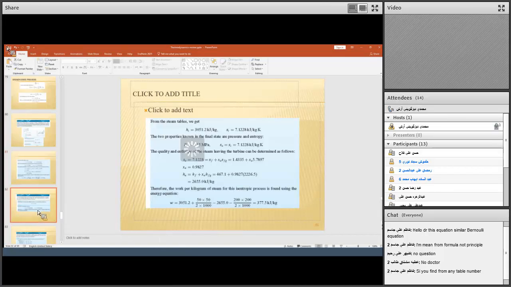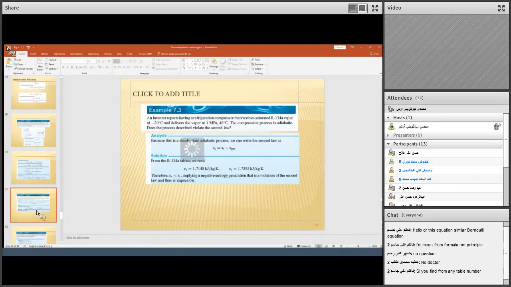Okay, we continue with the next example. Consider a compressor that receives saturated refrigerant 134A as a vapor at minus 20 centigrade and delivers the vapor at 1 megapascal and 40 centigrade.